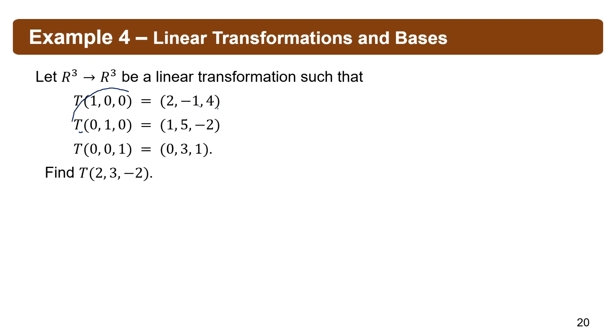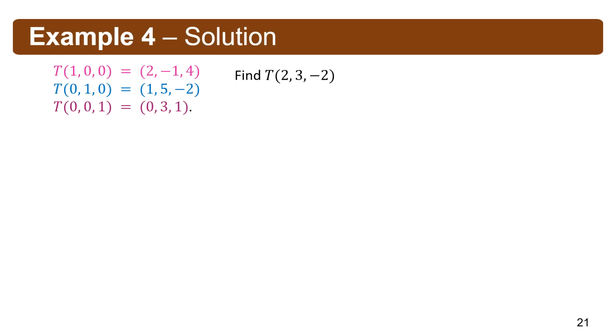If you notice, that is the standard basis. So how are we going to find the transformation T(2, 3, -2)? The given and the one that we are going to find, T(2, 3, -2).